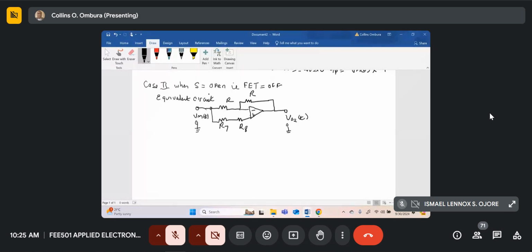Now, who can help me solve this one? Remember, the switch is supposed to be between here and here, but it is open.